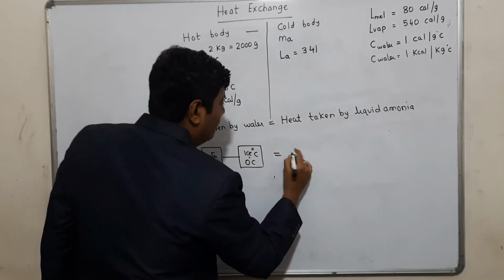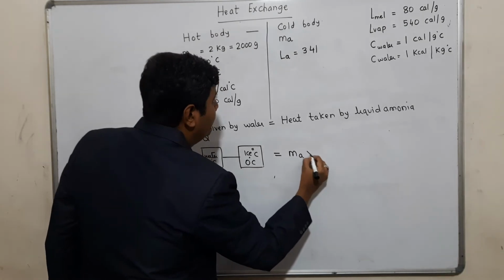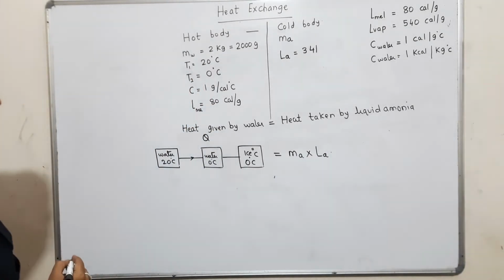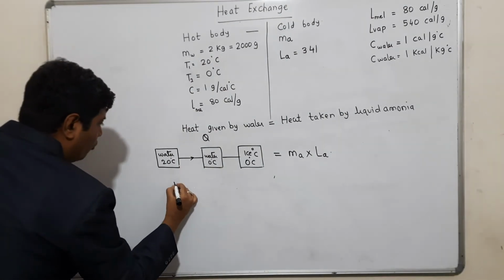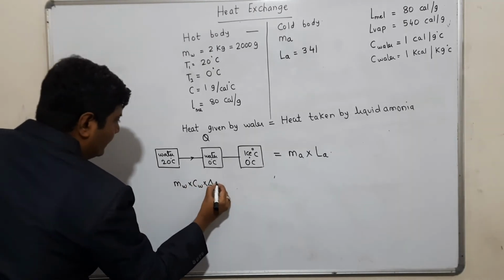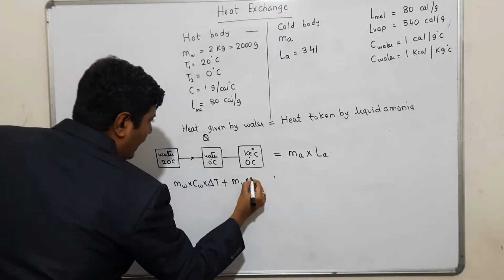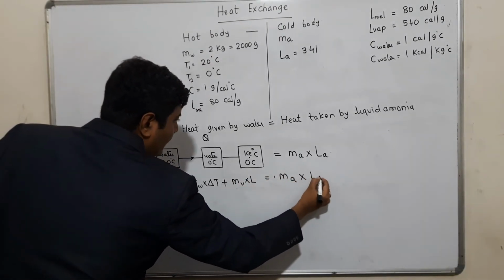Because it is only change of state, so mass of ammonia into L of ammonia. Now what is the heat involved over here? This will be mass of the water into C of the water into delta T plus mass of the water into L. This is equal to M of ammonia multiplied by La.